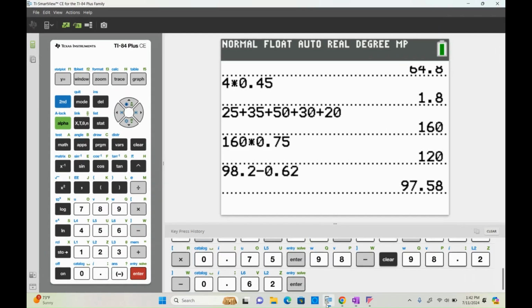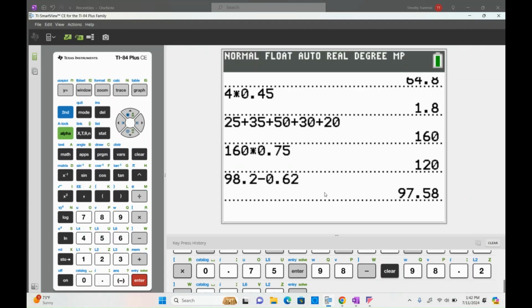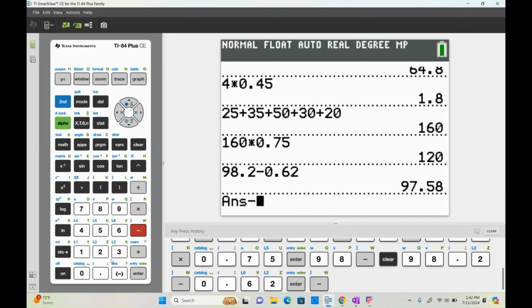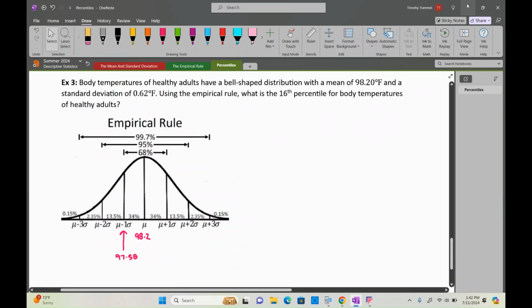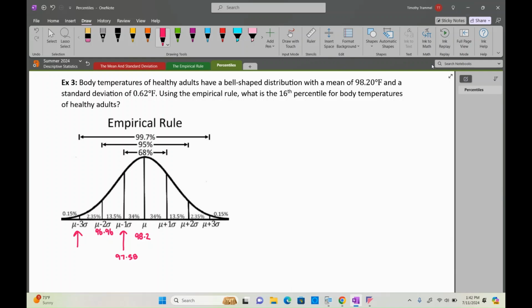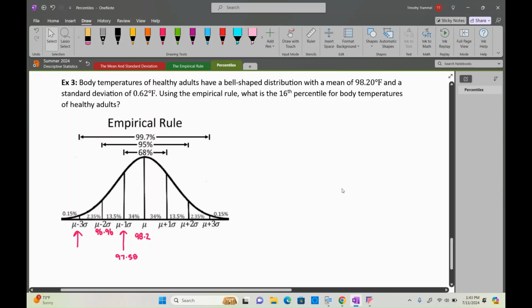Let's subtract away another one after I double check that, 97.58. Okay, good. Minus 0.62. And so we get 96.96. And lastly, I could fill in this one over here if I want to also.